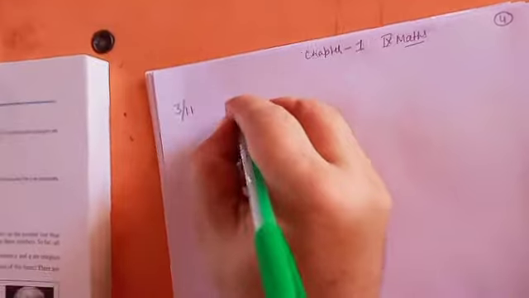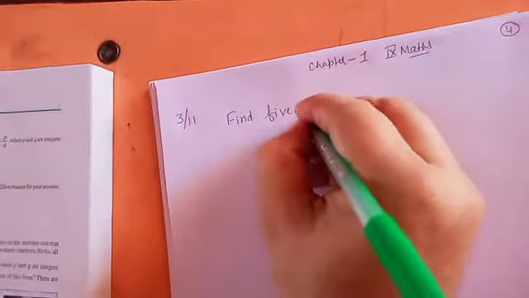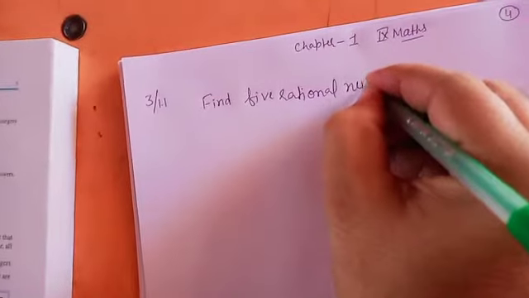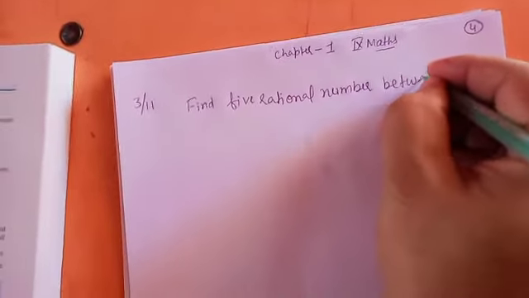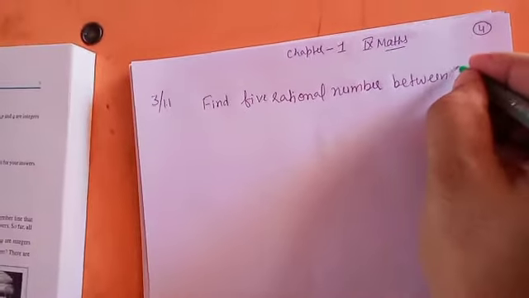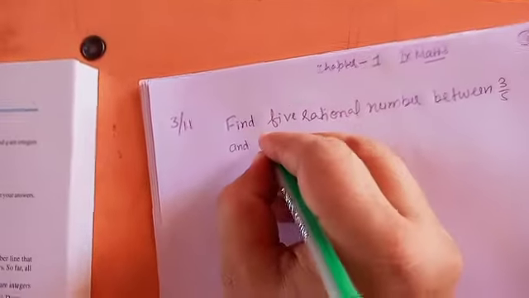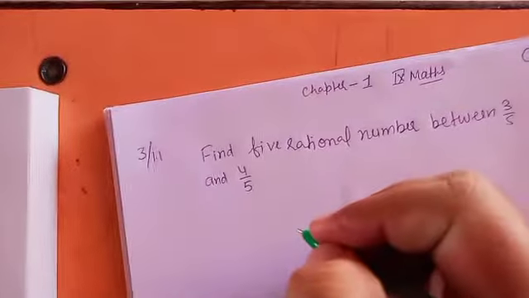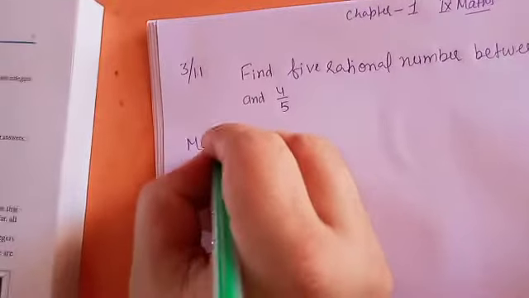Find 5 rational numbers between 3 by 5 and 4 by 5. I want to tell this by both methods. So first method I am telling.